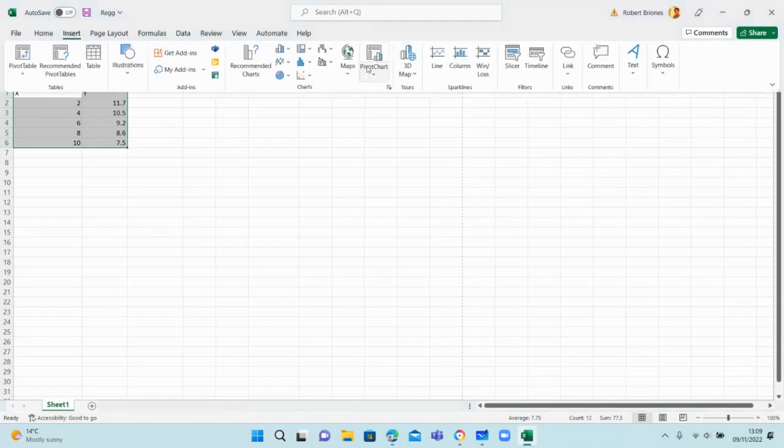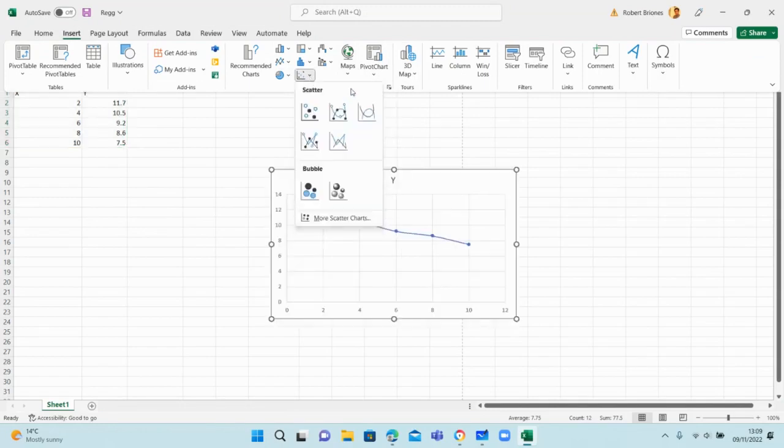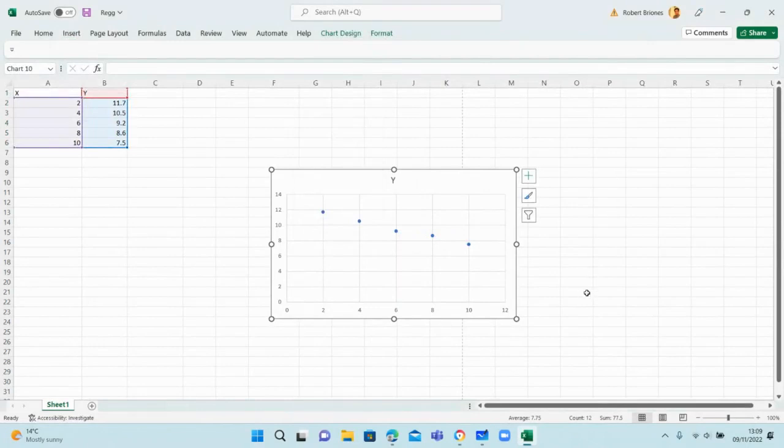And then there are multiple tools that we can use here, but the one that is particularly useful for us is this icon, which is called the charts icon. And then here you can see, again, several choices. So what I do is I click the scatter plot for this set of values.